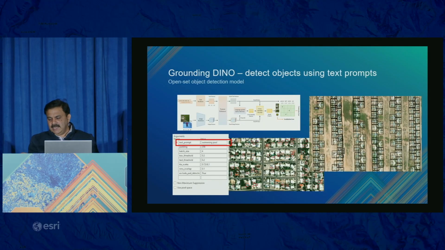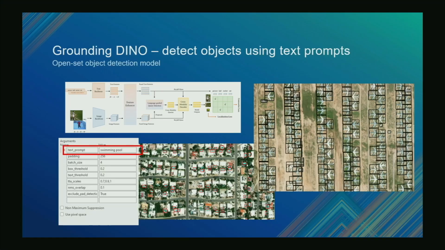So let's quickly see their capabilities visually. This is the Grounding DINO model. You give it any prompt and it'll detect that object in the form of a bounding box. This is using swimming pools, but you could use it for other objects. This is detecting the aircraft in that aircraft graveyard.